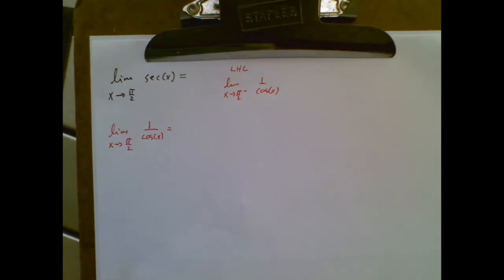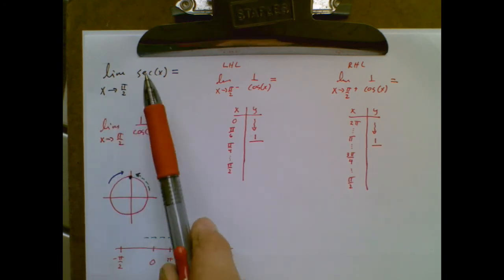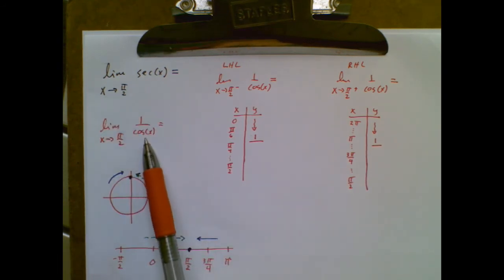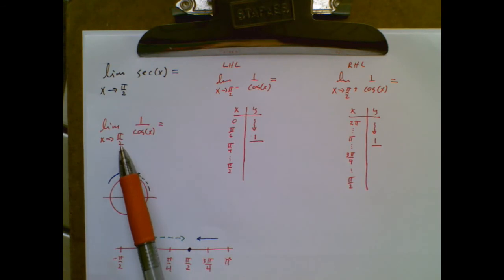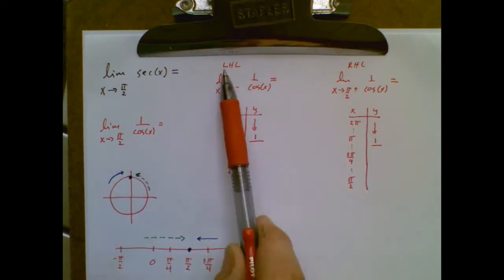Let me pause while I write this stuff. Okay, so you see I've written a bunch of stuff on paper because what I'm about to show you is kind of a mind trap, a Bermuda Triangle of calculus and trigonometry. We decided that we're better off doing this fraction, and since it says approaching pi over 2, it doesn't say from the left or the right, we're obligated to consider the left and the right.